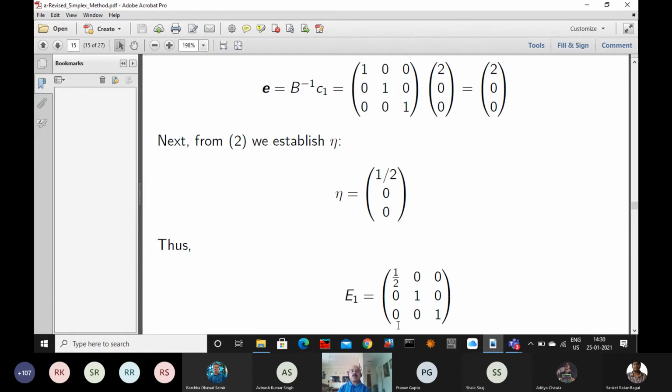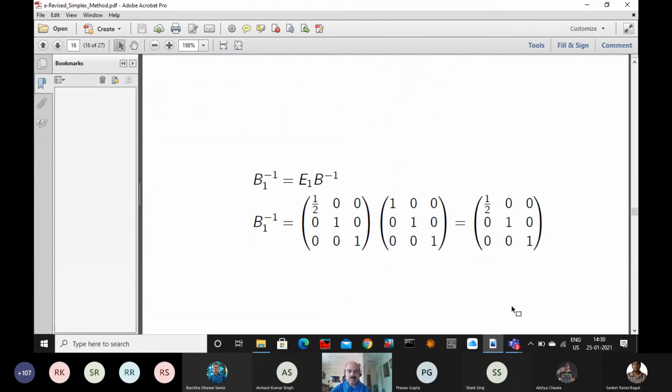B inverse, B1 inverse is nothing but E1. So we write B1 inverse equal to E1 into B inverse. Ultimately it is coming as B1 inverse equal to E1. Any confusion?